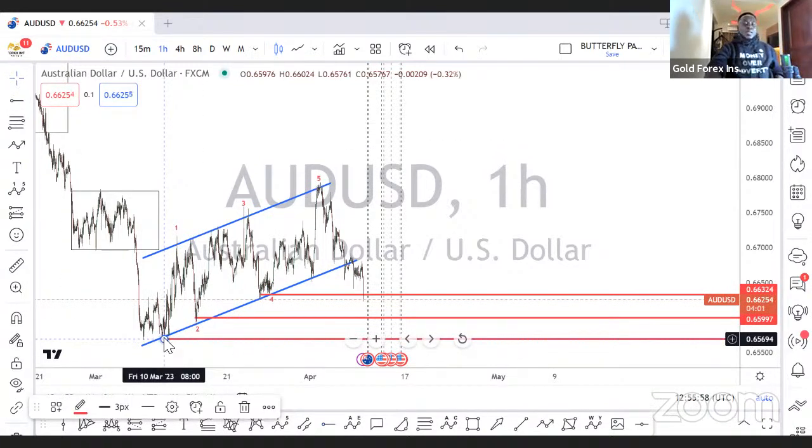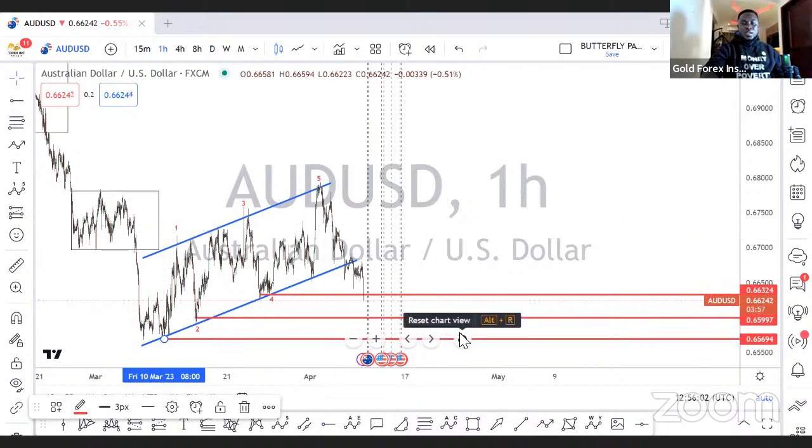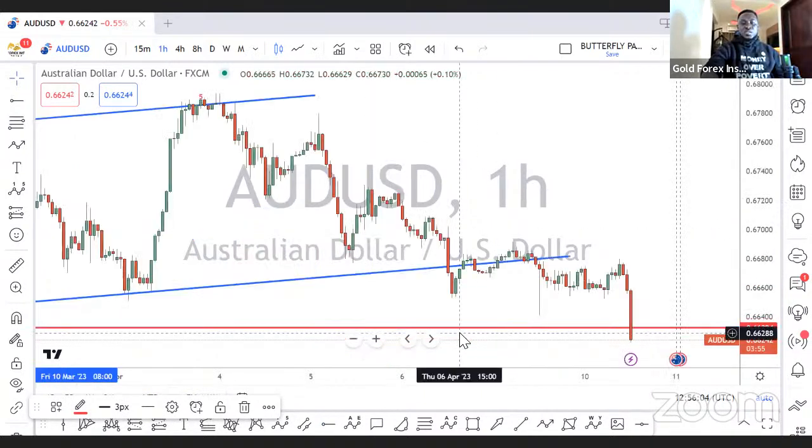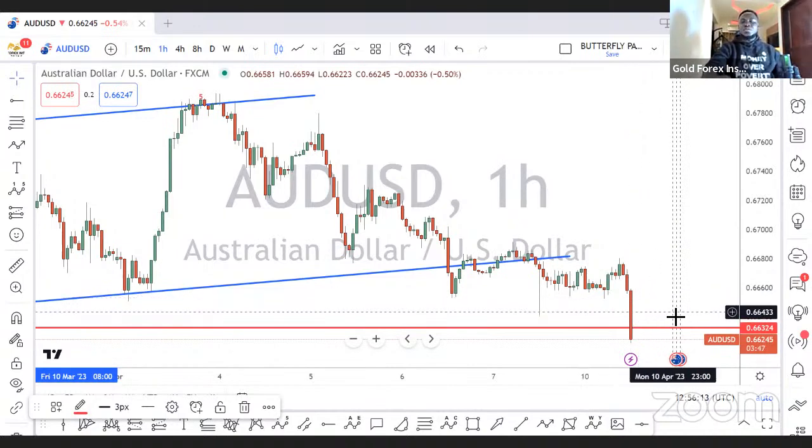Okay, so this is the levels you want to chase. Okay, these are the levels. And this impulsive move, there is no reason why you should chase this impulsive move. There is absolutely no reason why you should chase this impulsive move.